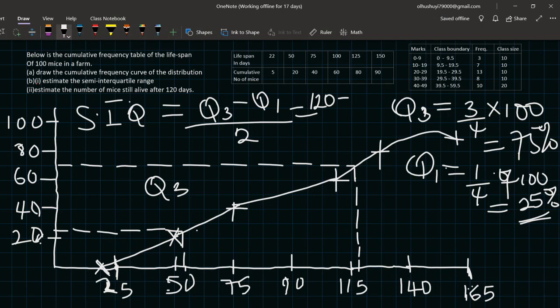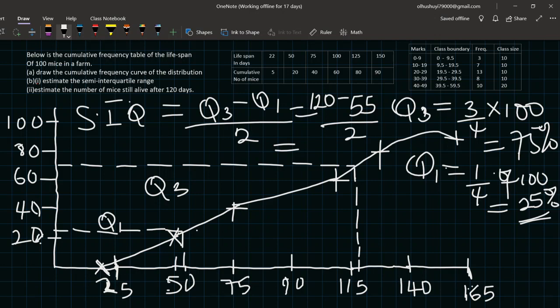So this is Q1. 25% falls at 55. So I have Q1 to be 55, divided by 2, and that gives 120 minus 55, which is 65. Then divided by 2, I have 32.5.